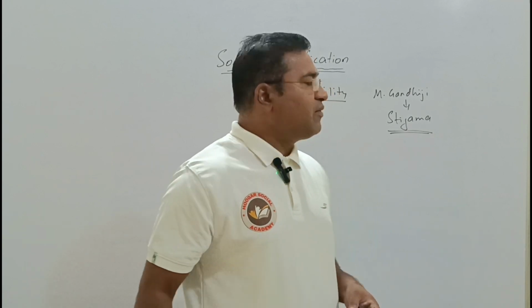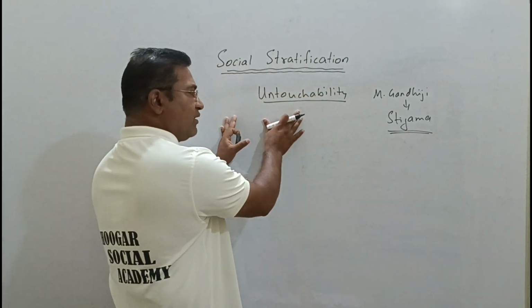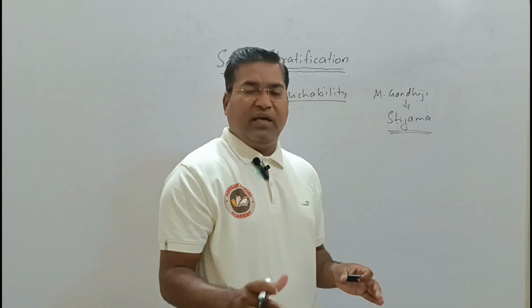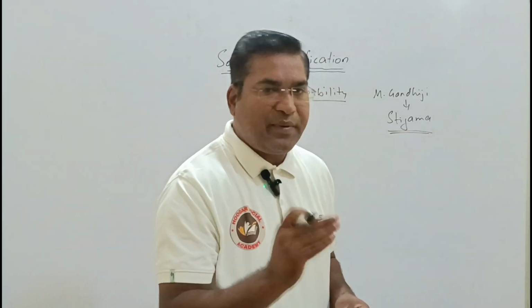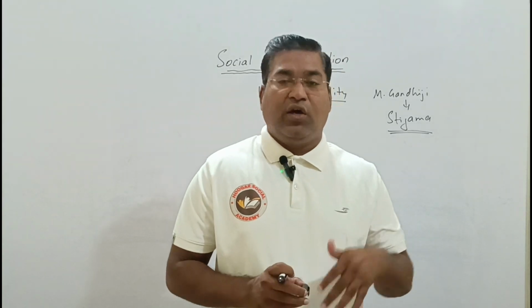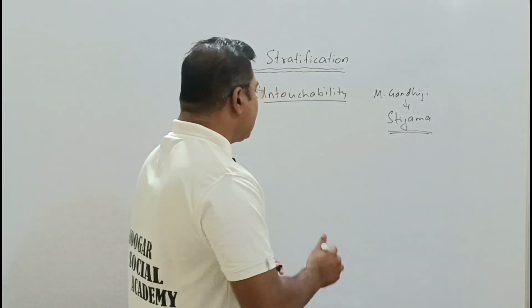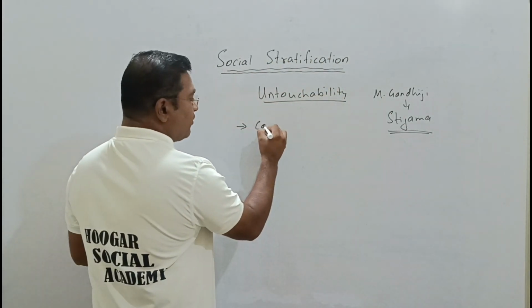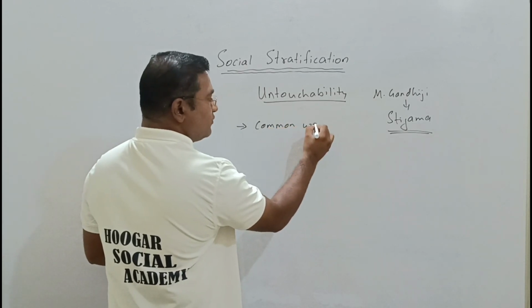It is because it was found that in the name of untouchability, people were being separated from the people itself. If we go a little into the history of the untouchables, we get to know that they were not allowed to drink water from the common well.